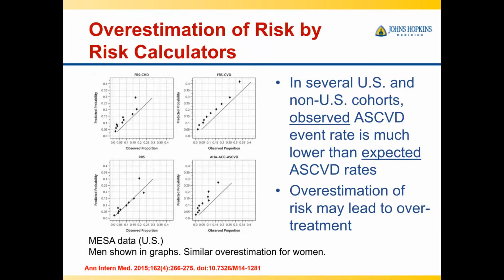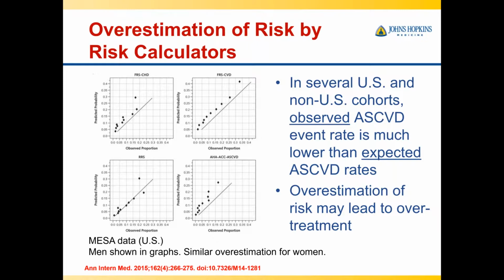This is data from the MESA study. This is just men here, but it's similar for women. This is the pooled cohort equation, and if you look at observed risk versus predicted risk, the predicted risk is systematically much higher than observed risk.